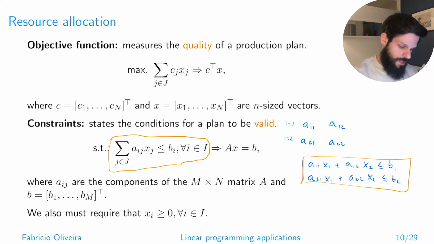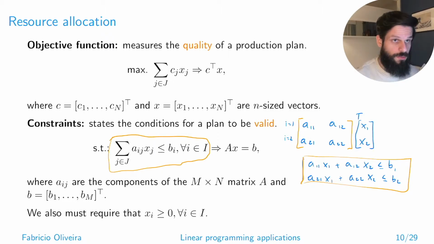Which once again we can also put in a matrix form, just like having this as our matrix A, multiplying by a vector x, transpose x1, x2. It's just a dot product.